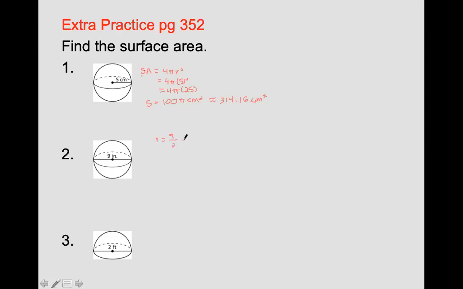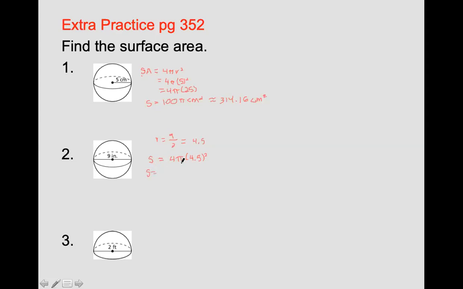And you can either leave it as a fraction, or most of you I know like decimals, so I can call it 4.5 inches. Again, for our surface area, we're going to multiply 4 times pi times 4.5 squared. Again, you can leave it in terms of pi.